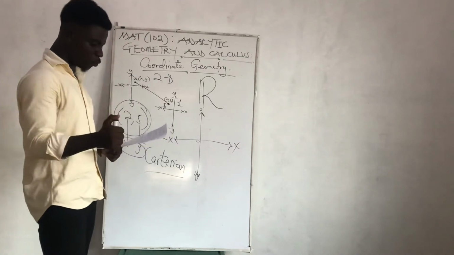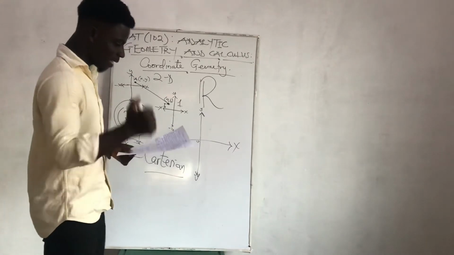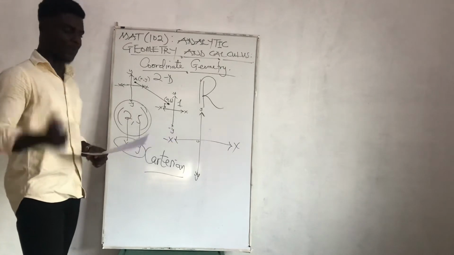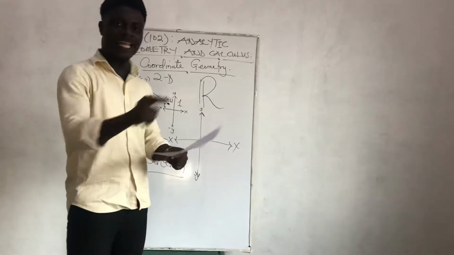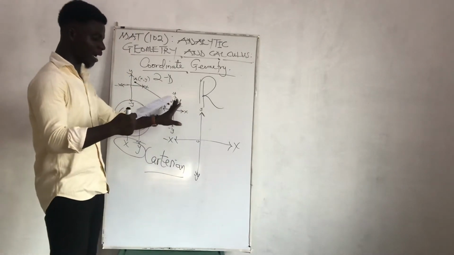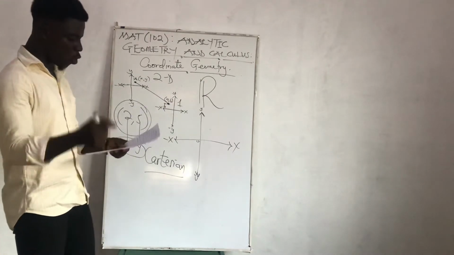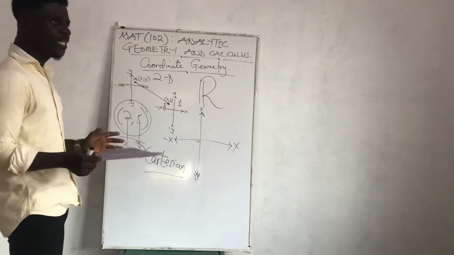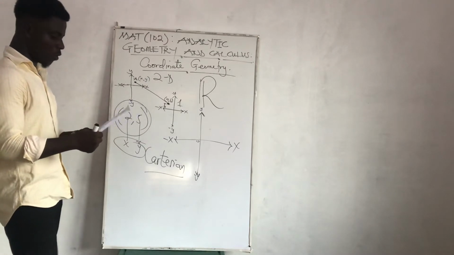For instance, any point P in a coordinate plane or in a Cartesian plane can be located by a unique ordered pair of numbers (a, b).